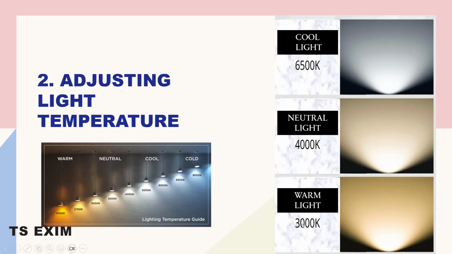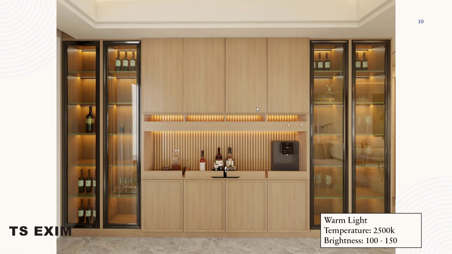For neutral light, it's around 3000 to 4000. Same thing with cold light, around 6000 to 6500. You can just find this in Google. Just type out recommended temperature for lighting. So we have 3 types of light in AiHouse as well: warm light, neutral light, and cool light.